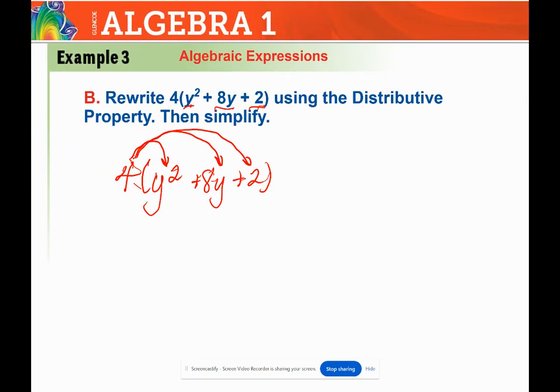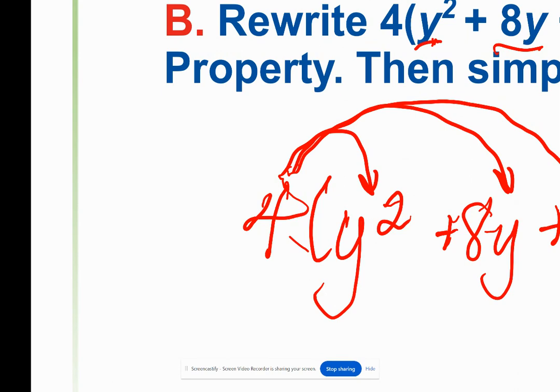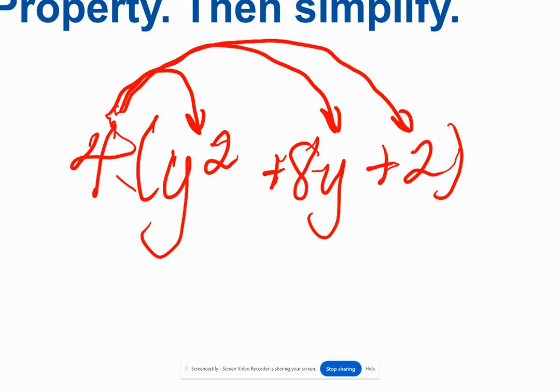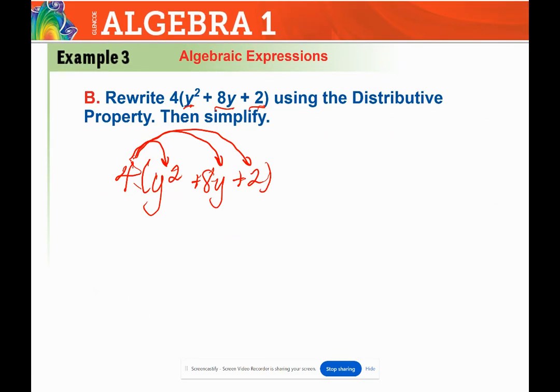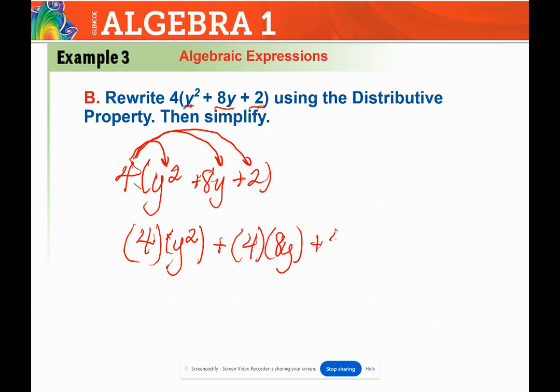So I'm going to do 4 times the y squared term, and I'm just keeping my signs here. 4 times the 8y, and I'm going to show 4 multiplying to the 2.